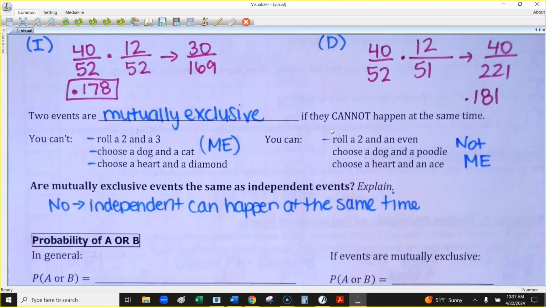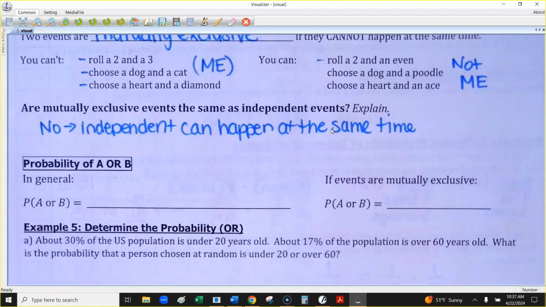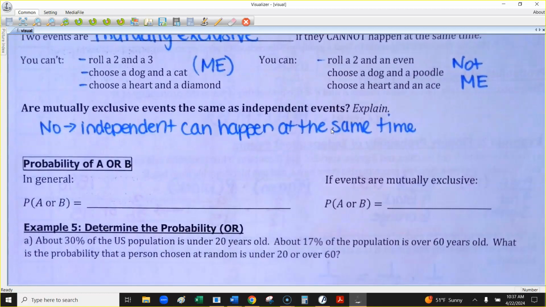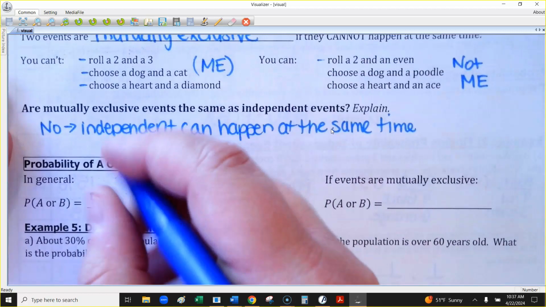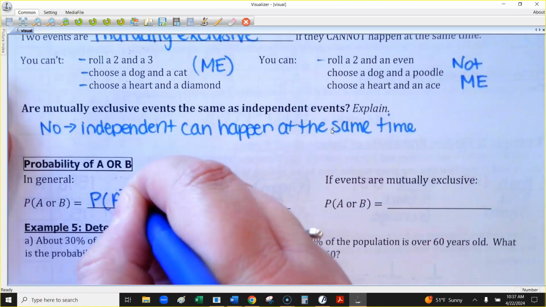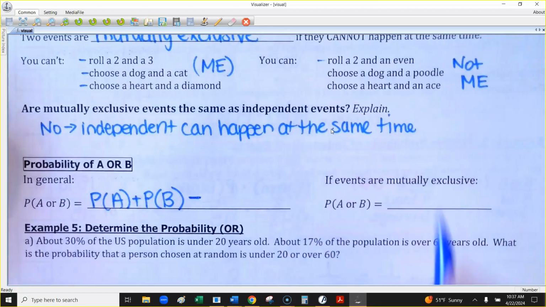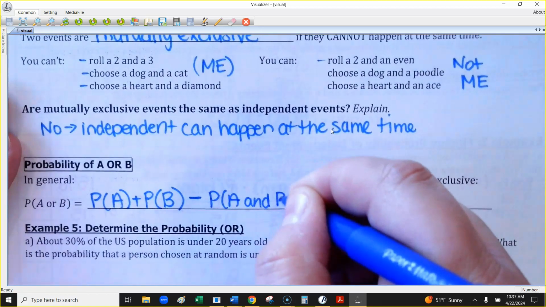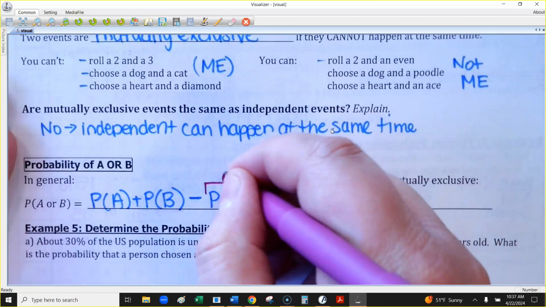Okay, now, in general, the probability of something or something else, I'm going to give you 2 different formulas. If they can happen at the same time, in general, the probability of A or B is going to be the probability of A plus the probability of B, and then minus, this is a little tricky, the probability of A and B. Basically, this would represent any kind of an overlap.